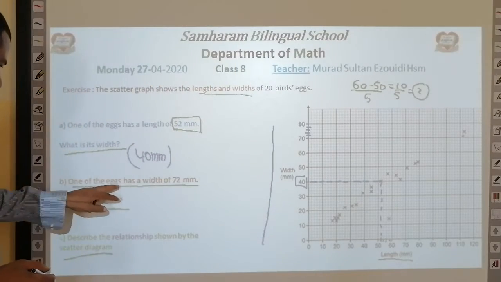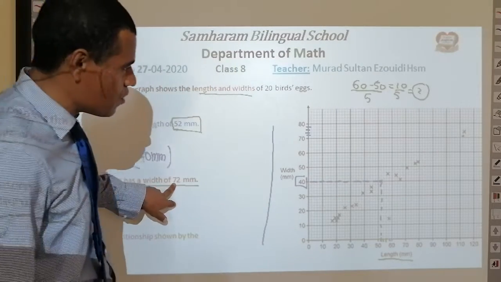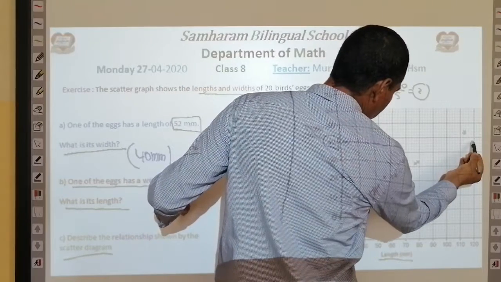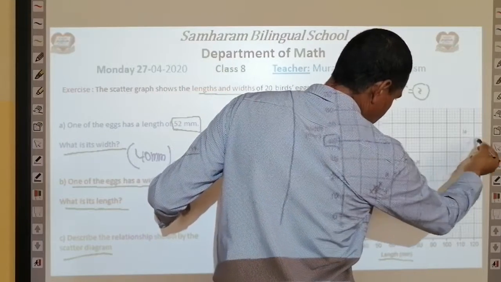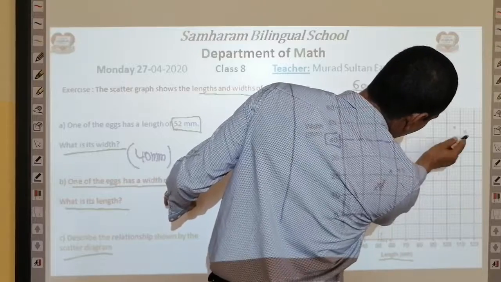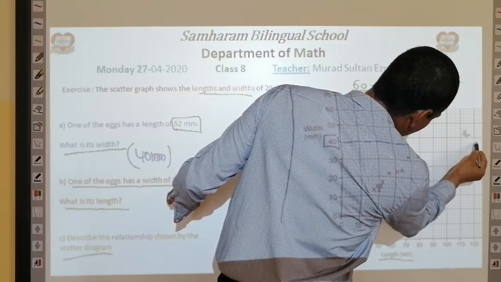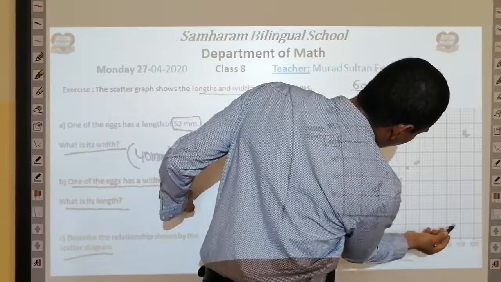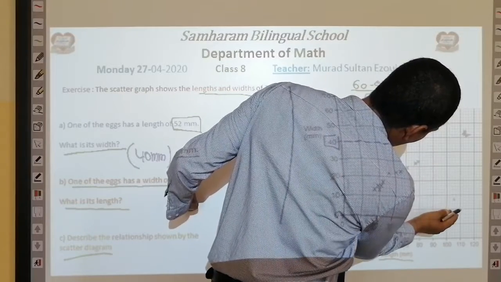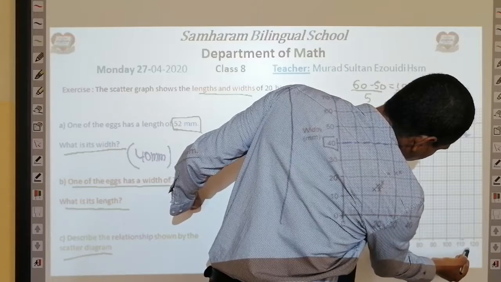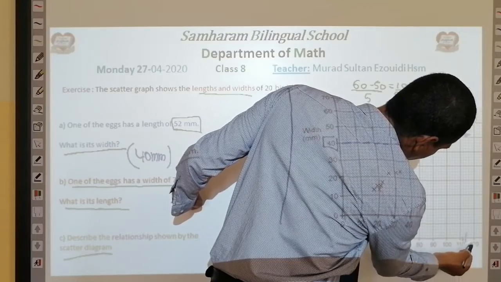One of the eggs has a width of 72. So where exactly is 72? It will be the length 112, 114.